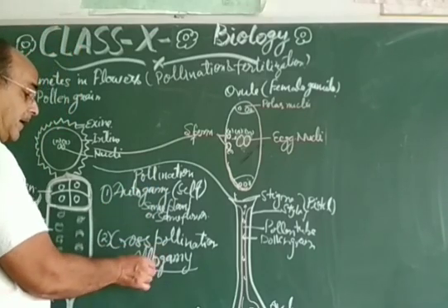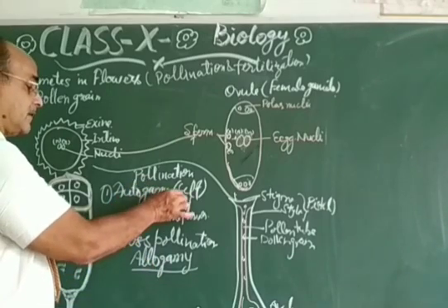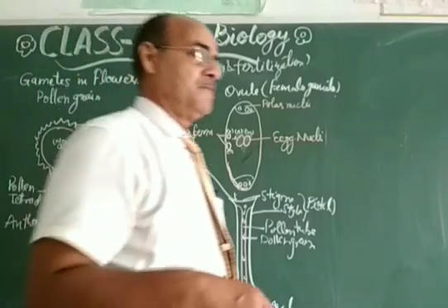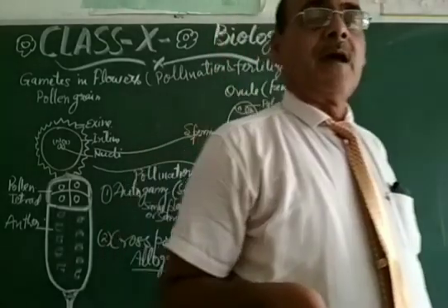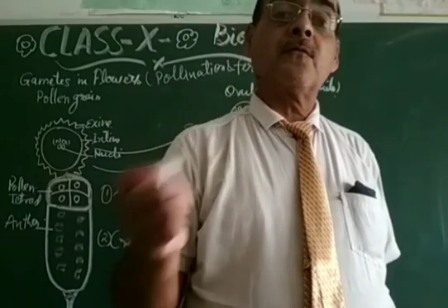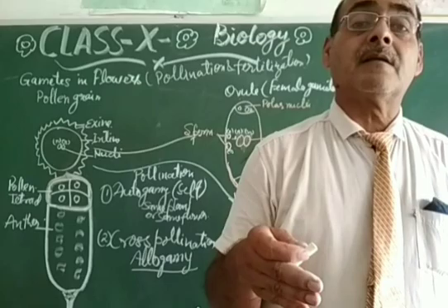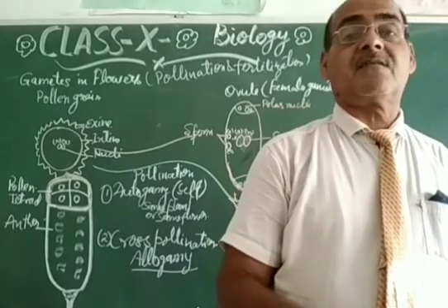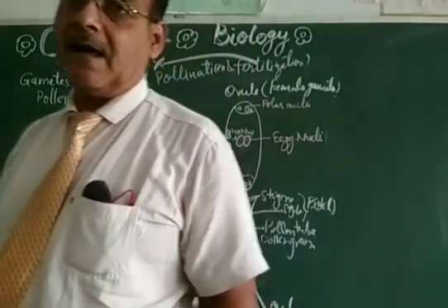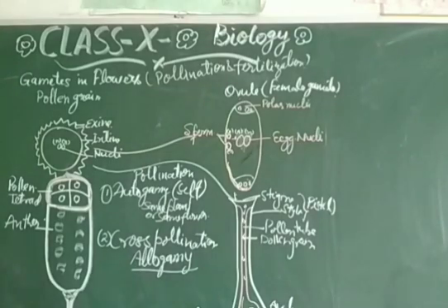autogamy and allogamy. Autogamy is self-pollination, which means the same plant's flower produces pollen grains and they come to the stigma of its own flower or of another flower of the same plant. That is called self-pollination or autogamy.